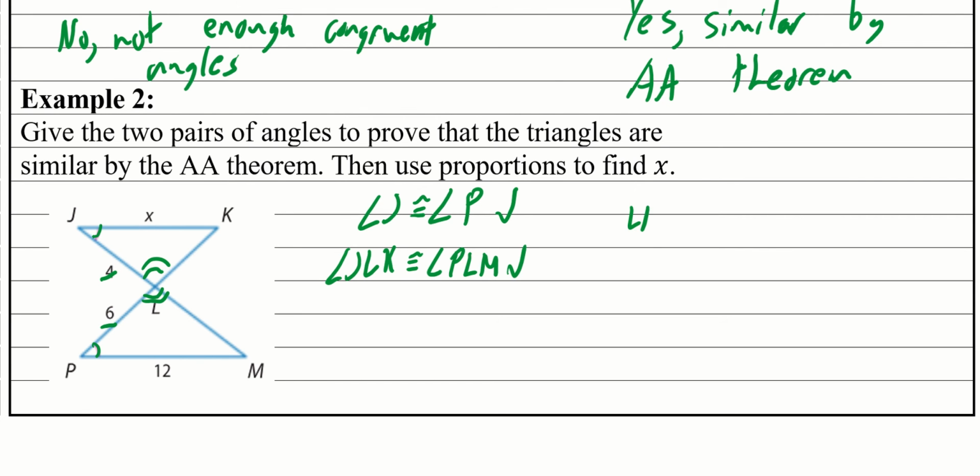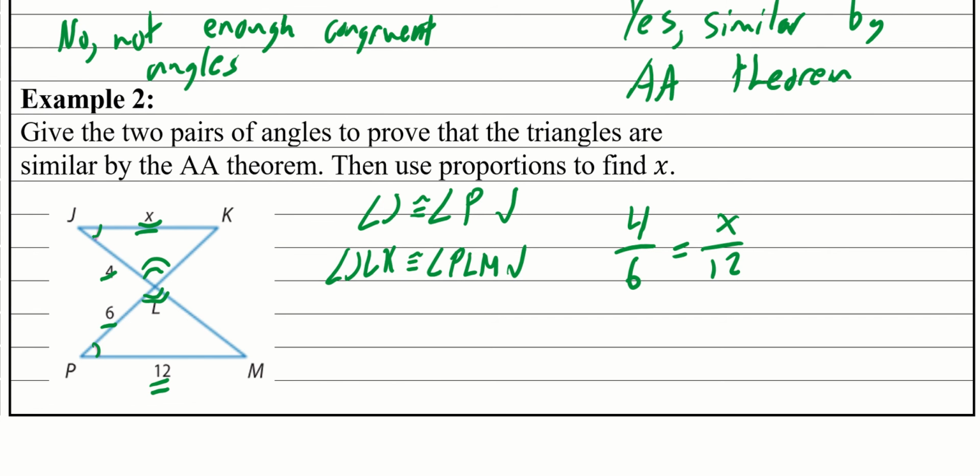So in this case, I have 4, and I'm going to set that over 6. So 4 in the top shape, 6 in the bottom shape. And then same idea with my other corresponding sides. I have a side length of x and a side length of 12. If I wanted to, I could reduce or simplify 4 over 6. But to keep it simple, we'll just set this as x over 12.